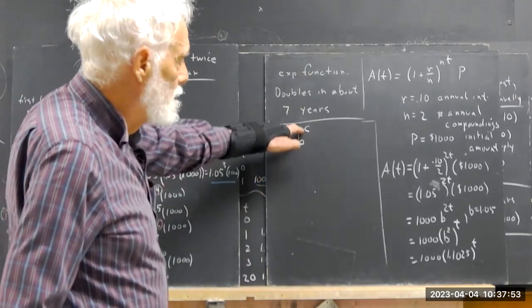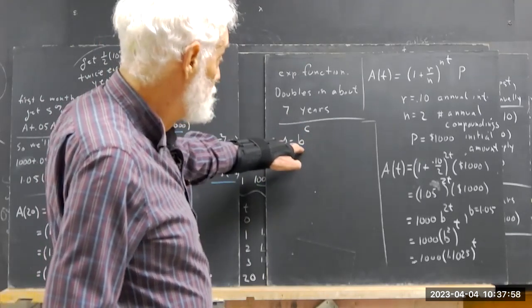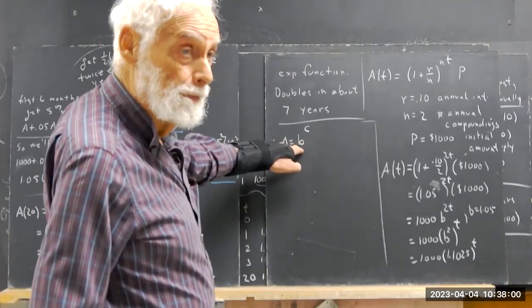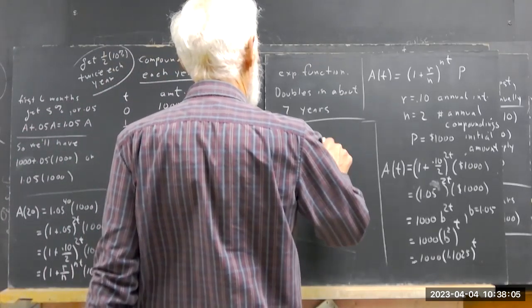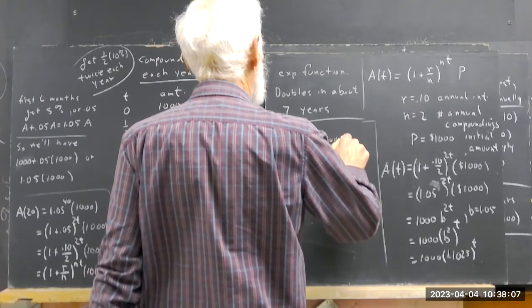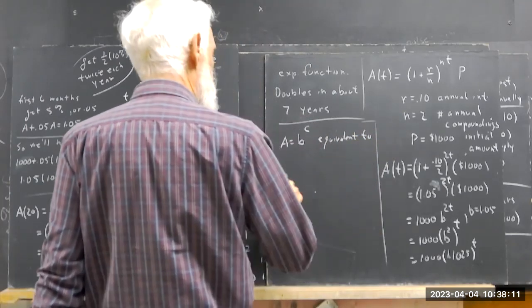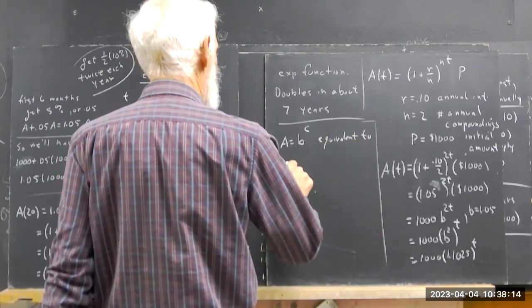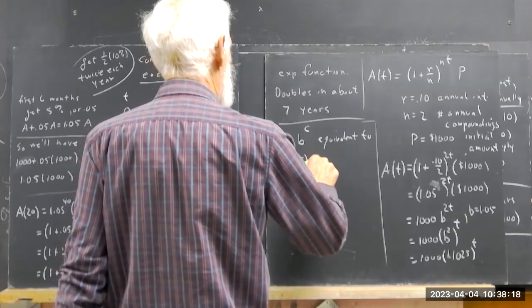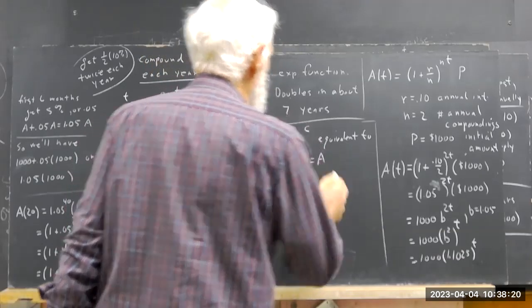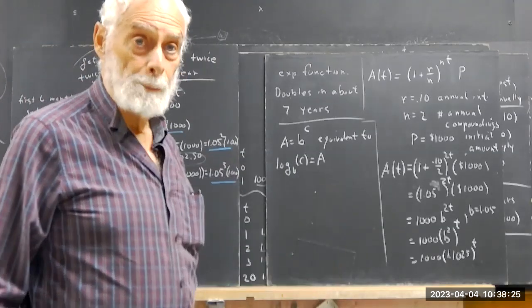A equals b to the c. And this is just a simple exponential function. It's equivalent to log base b of c equals a.